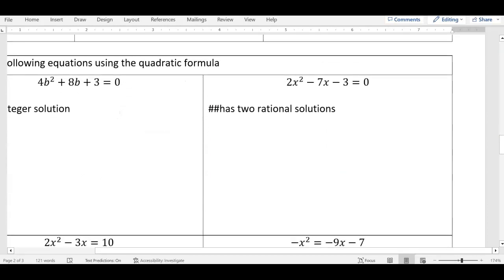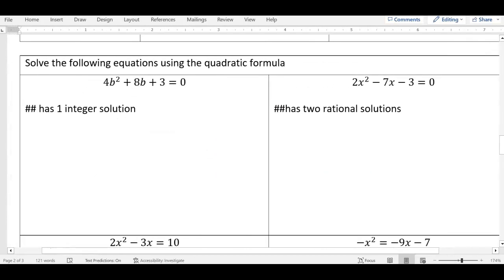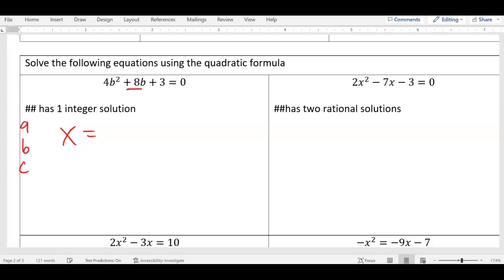Is this first one equal to 0? Right? So I'm going to do x equals negative b. What's my, first of all, a, b, and c. What's my a? 4. What's my b? 8. What's my c? All right, so let's plug it in.